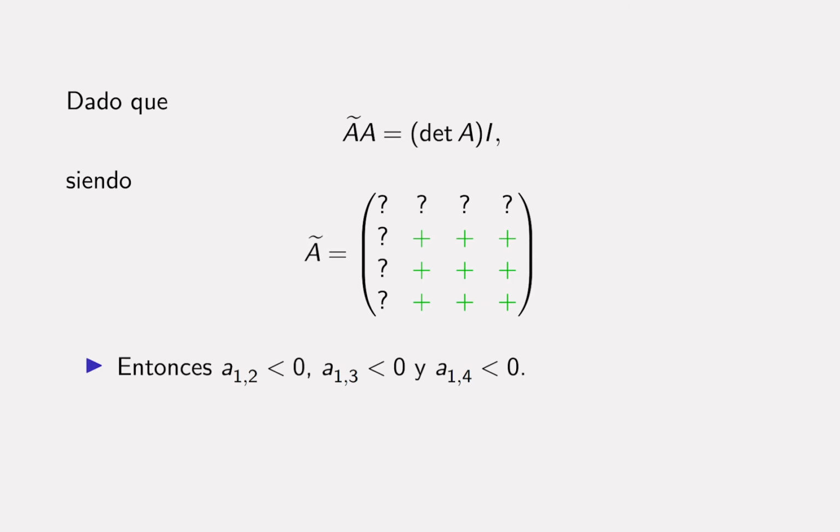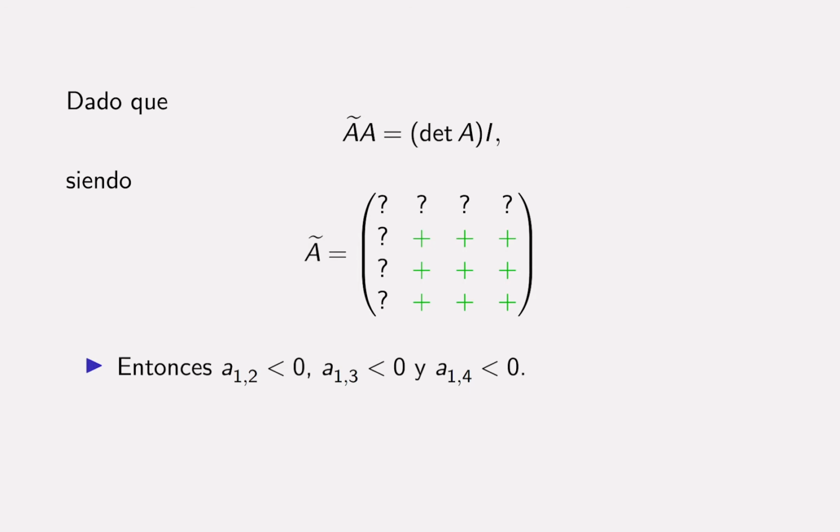The same way we have this number and the same way with this number, just using the second row of this matrix times the first column of A. The same thing with the third row of A tilde and the first column of A, and the fourth row of A tilde and the first column of A. So the entries of this product need to be 0, so then these 3 numbers need to be negative.